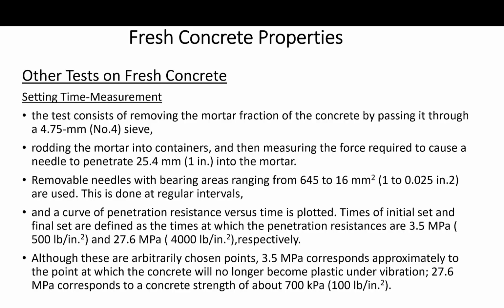The first one is for the initial set and the second one for the final set. Although these are, as we said, arbitrarily chosen points, the 3.5 MPa corresponds approximately to the point at which concrete will no longer become plastic under vibration.